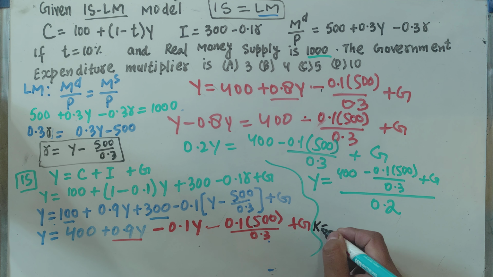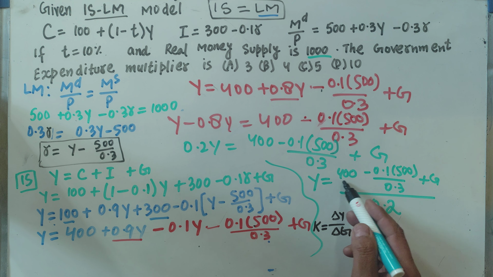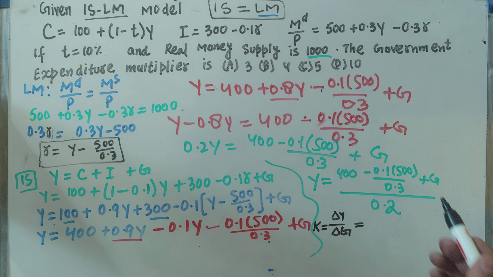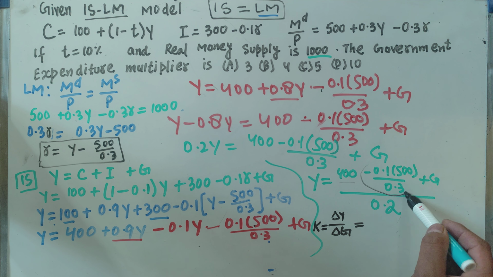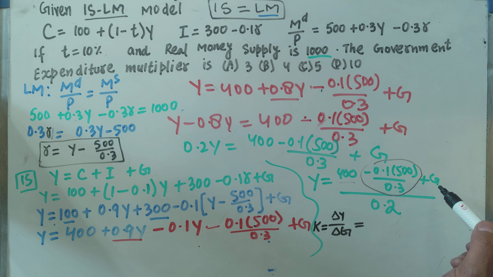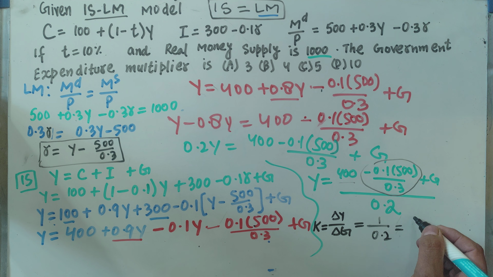It is the change in income due to the change in government expenditure, that is, the partial derivative of this function with respect to G. The derivative of a constant is 0, and the other term is also constant, so its derivative is 0. The derivative of G is 1. So we are left with 1 upon 0.2, which is 10 upon 2, which gives us 5 as the government expenditure multiplier. I hope I made myself clear in this video. Thank you.